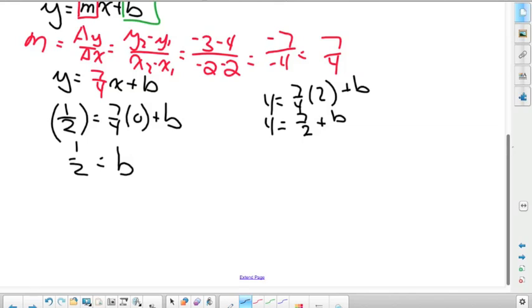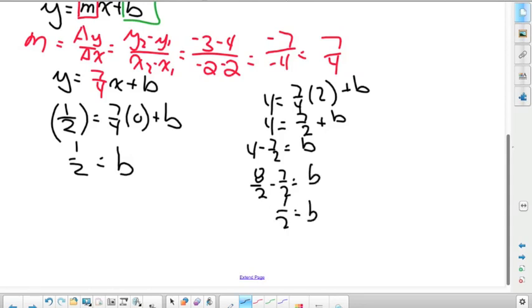And then I want to do 4 minus 7/2 for the b. So that's really 8/2. Because I multiplied by 7/4, I cross reduce, so I get 7/2. So b is 1/2 as well.